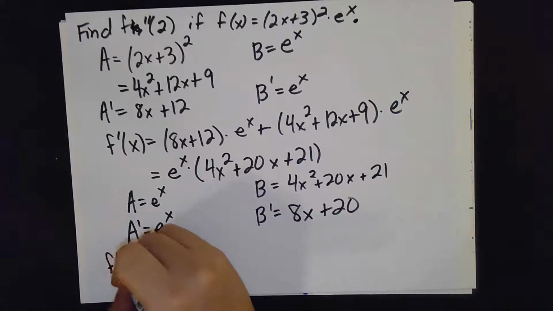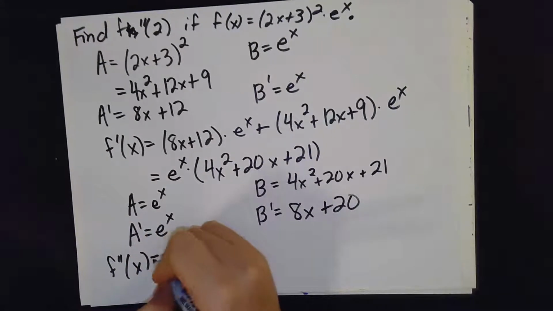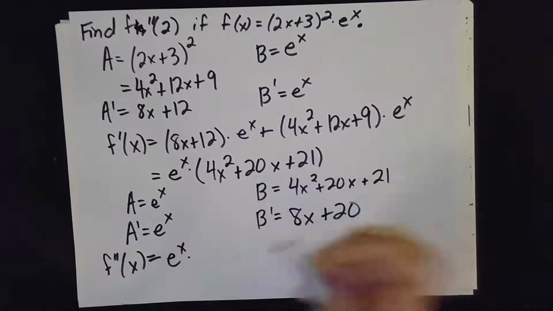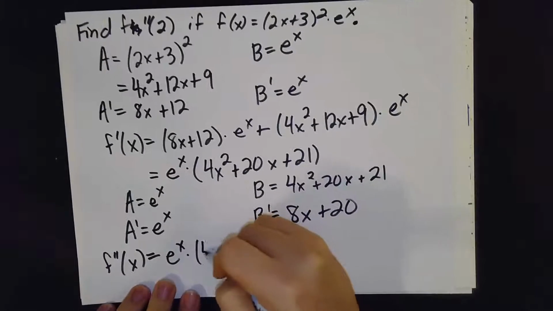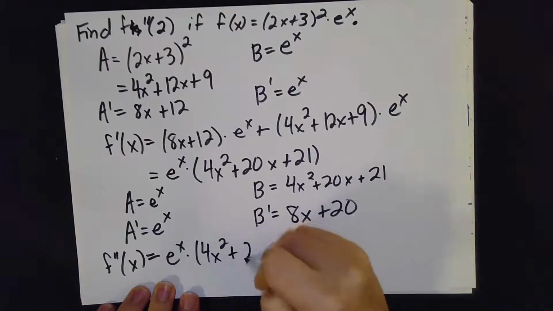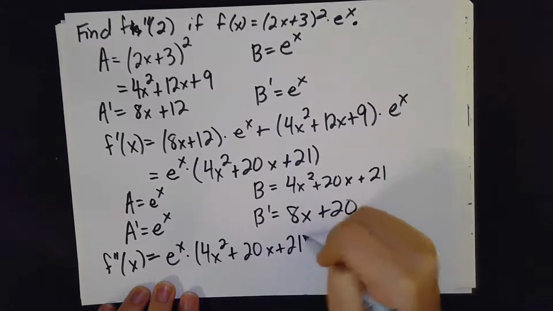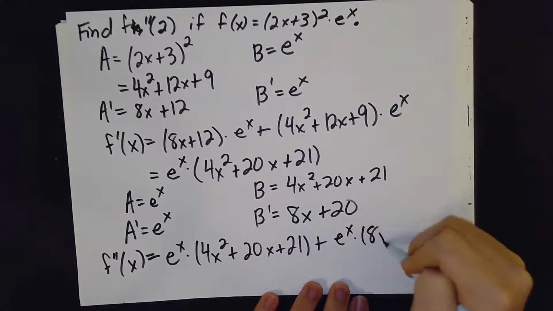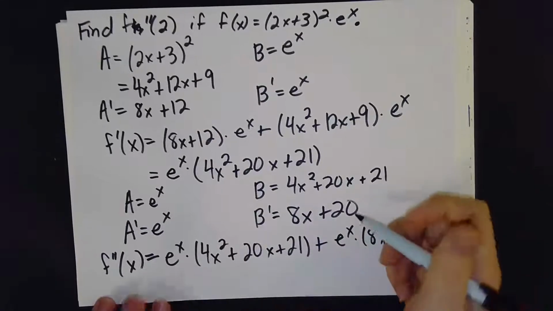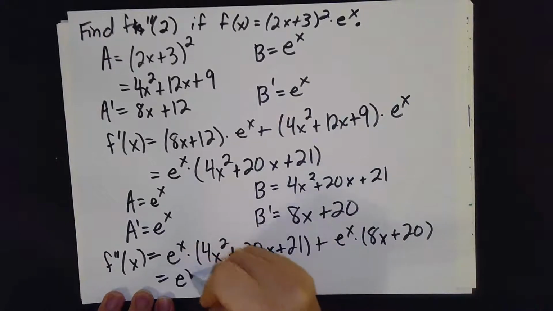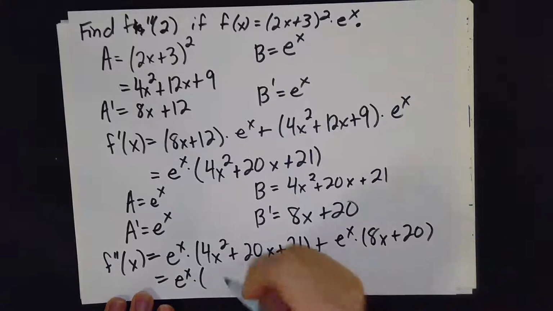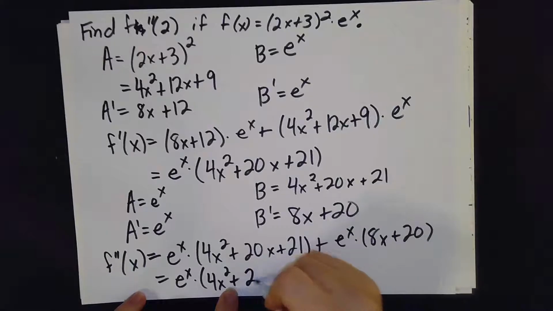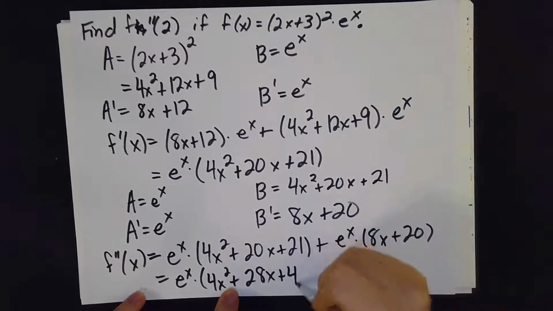So f double prime of x is e to the x times 4x squared plus 20x plus 21, plus e to the x times 8x plus 20, which looks like e to the x times 4x squared plus 28x plus 41.